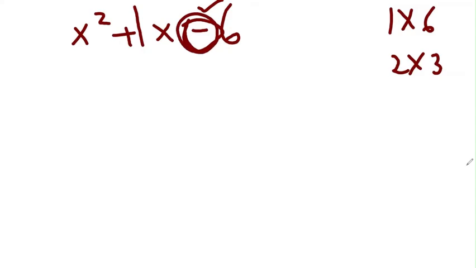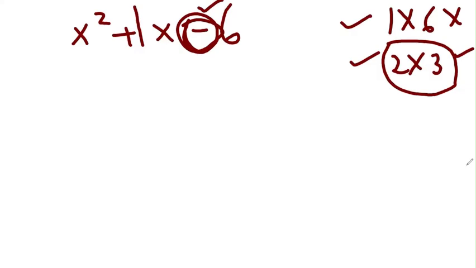You have to subtract the two factors so that you can get the middle term. And what is the middle term? It is 1x. You have to get 1. And this is the answer, 3 and 2. If you subtract 3 and 2, you will get 1. So the first choice is wrong. 1 multiplied by 6, you will not select. You will select 2 multiplied by 3.